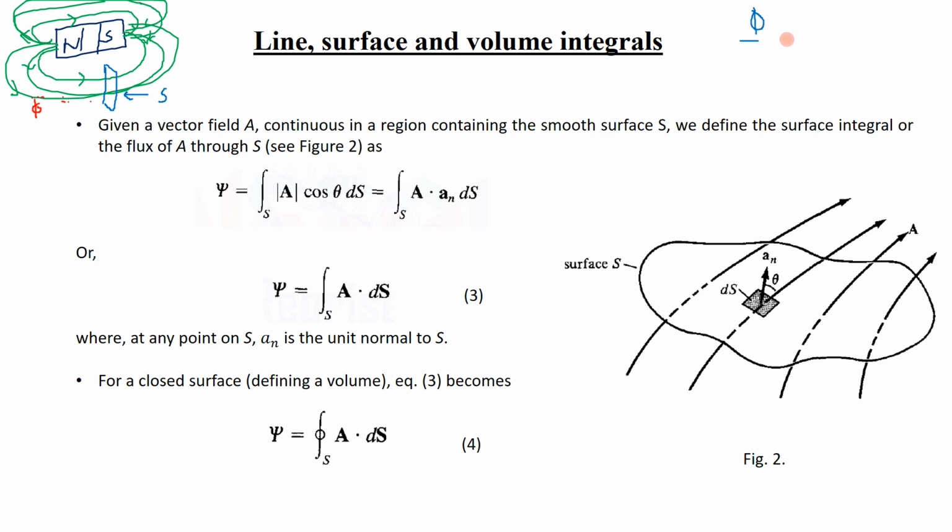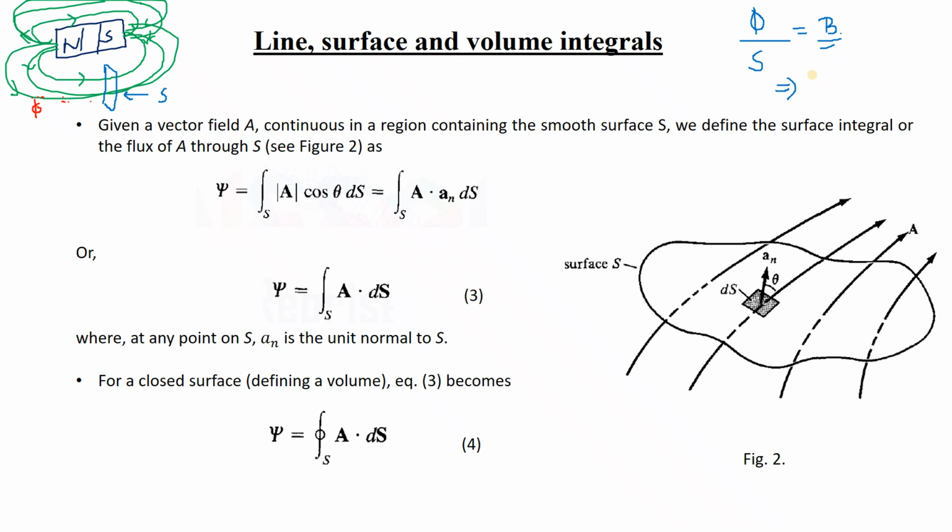So what is the flux density? That is the amount of flux with respect to area. That is B. The unit of flux is Weber, area is meter square, so flux density is Weber per meter square, also called Tesla. B is the flux density.